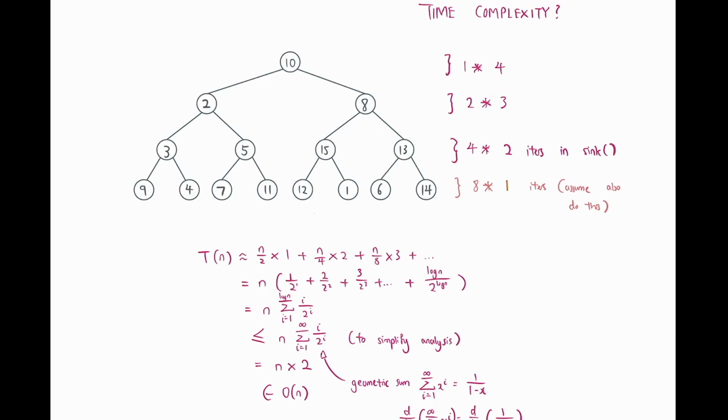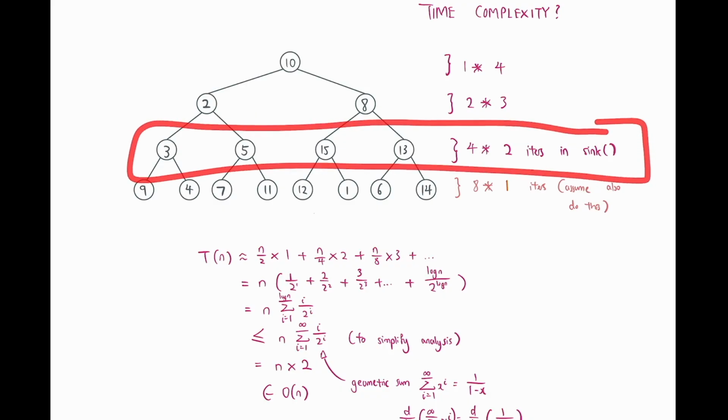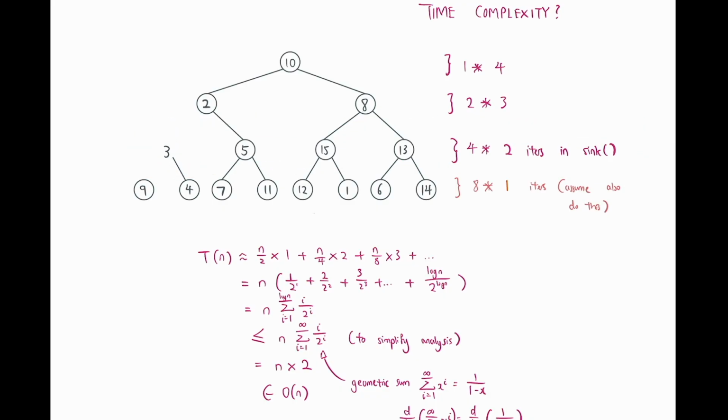Like when we are swimming, we just now note that we started from here. If we just look at this one, we have 4 nodes. We have 1 node, 2 node, 3 node, 4 node, which is the 4 number here, times, in the worst case, 2 comparisons.